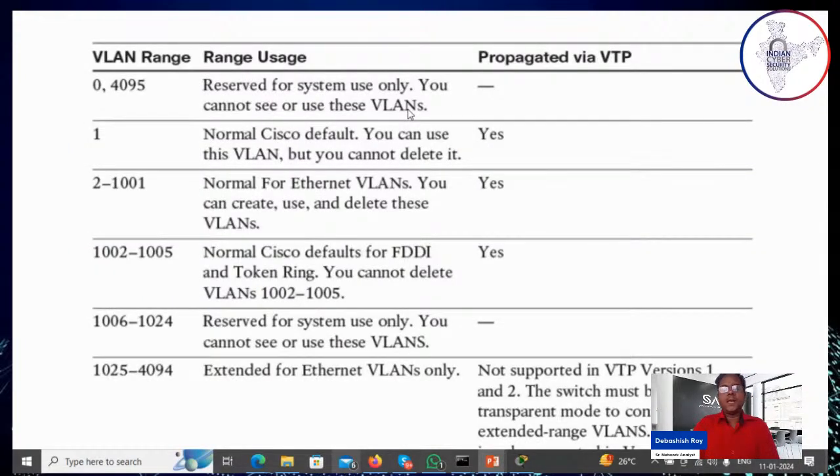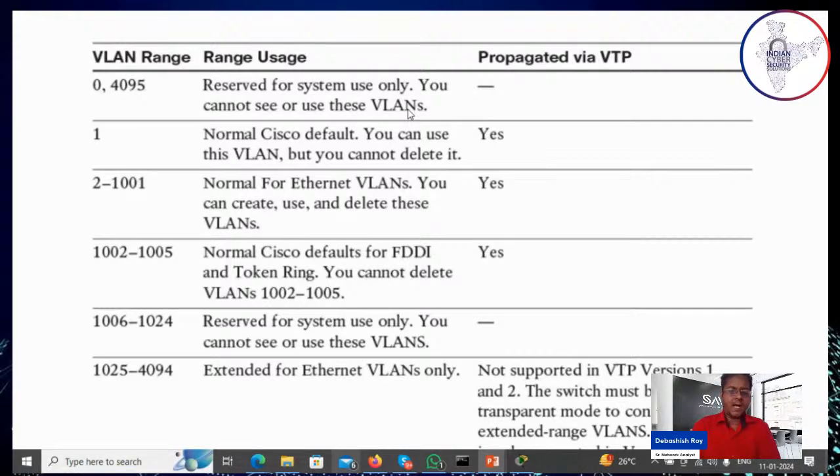Now, there are some VLAN ranges. How many VLANs can you create? It depends on the VLAN identifier, or the VLAN ID. So let's say there is VLAN 1, VLAN 2, VLAN 3. This way, your ID goes. There is a VLAN number.